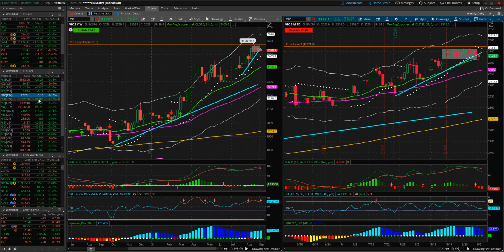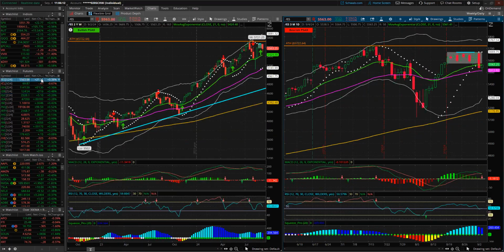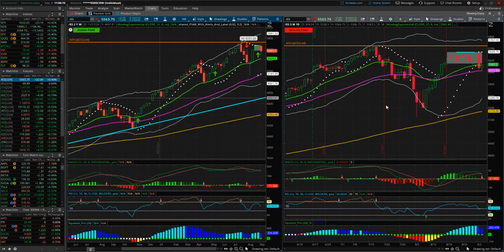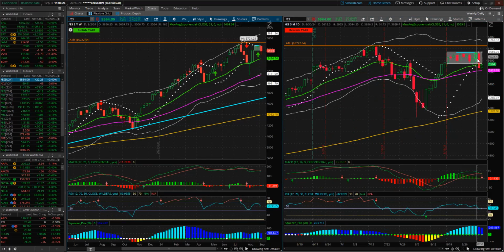But we'll see. Let's go back to ES for a bit. Depending on how the market looks today and the rest of this week, if we can't beat this high and we start to roll over, and we're back above the 21 EMA on the daily, then I might look to sell calls.